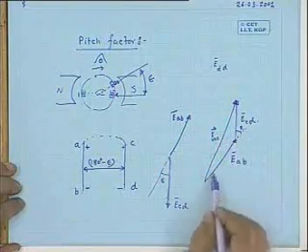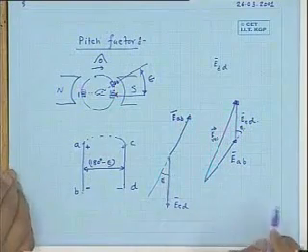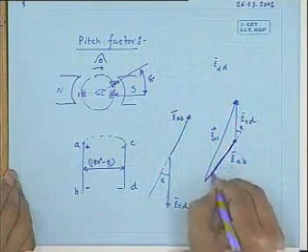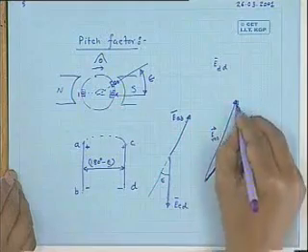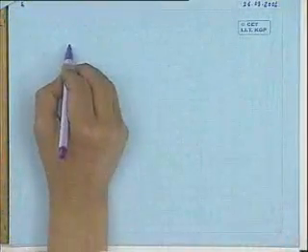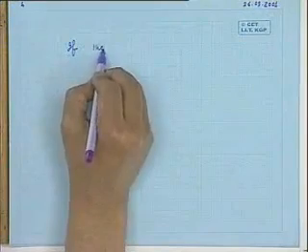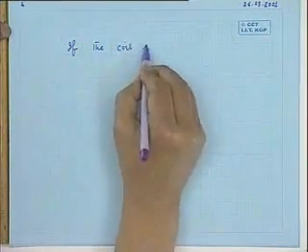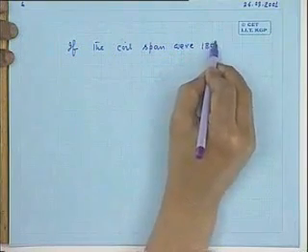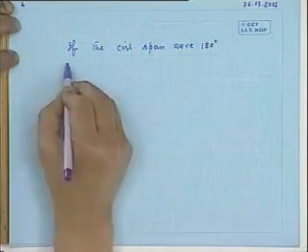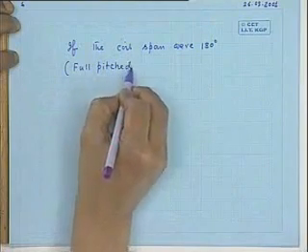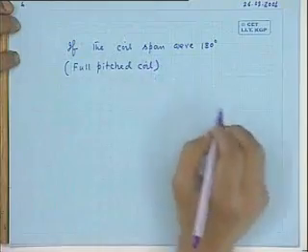In terms of the induced voltage in the coil, if the coil span were 180 degree, suppose this length is each conductor voltage. Such a coil is incidentally called a full pitched coil.